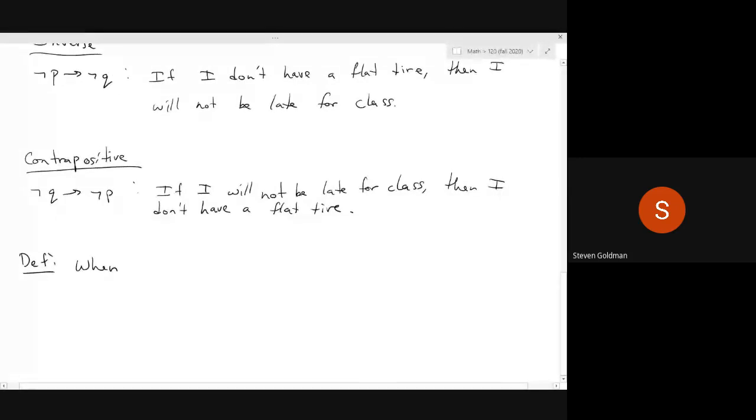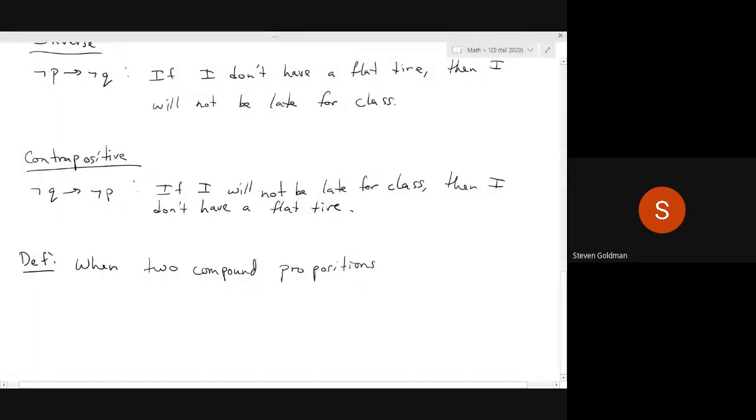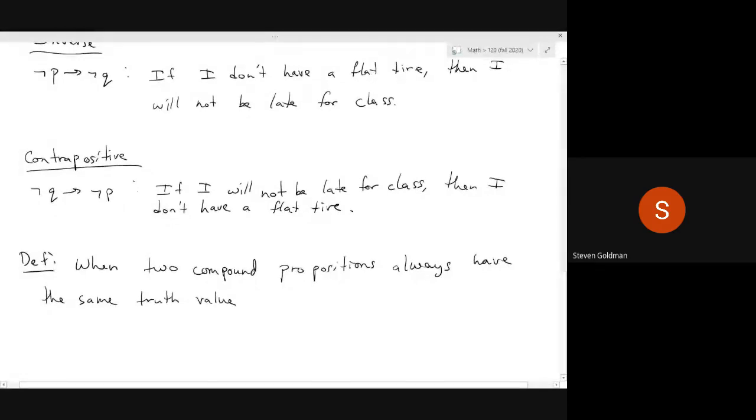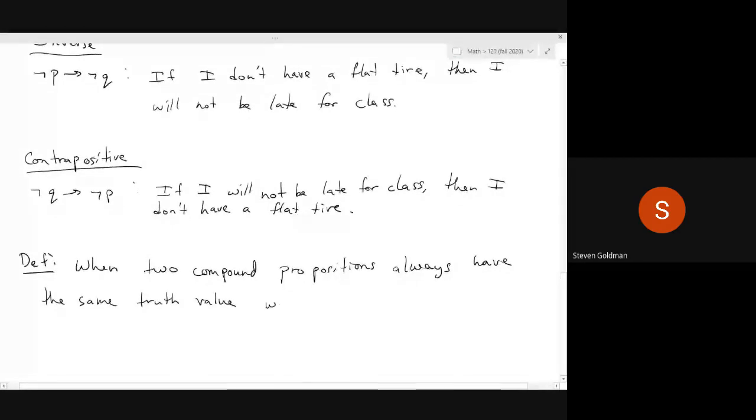So when two compound propositions always have the same truth value, we call them equivalent or logically equivalent.